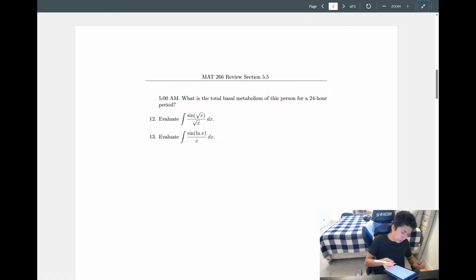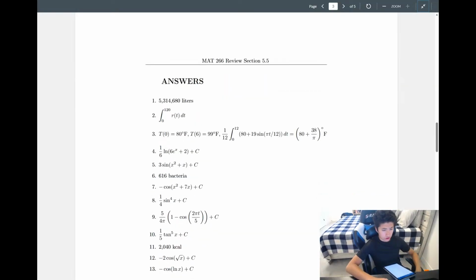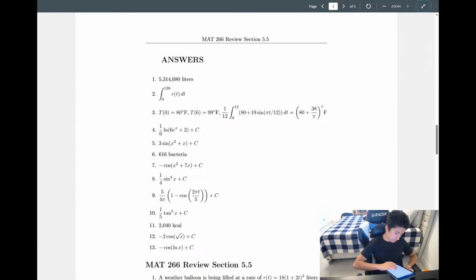So u, I believe it should be ln of x. Yep. Already can see it. Easy peasy. Easy. Okay, we finished.